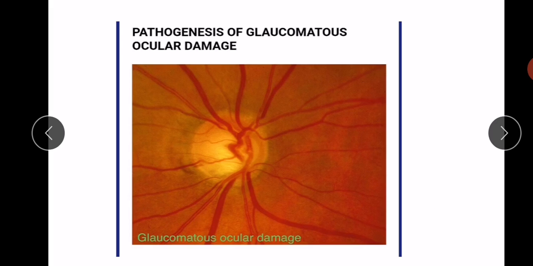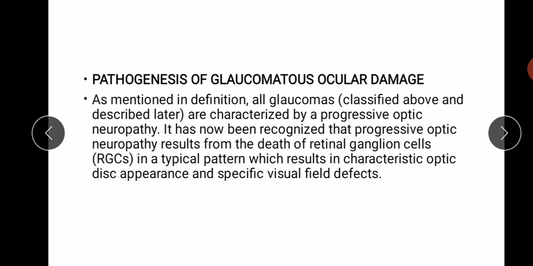So what is the pathogenesis of glaucomatous ocular damage? As mentioned in the definition, all glaucomas classified as we discussed in the classification are characterized by a progressive optic neuropathy.